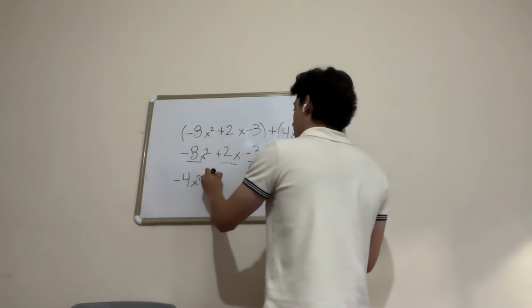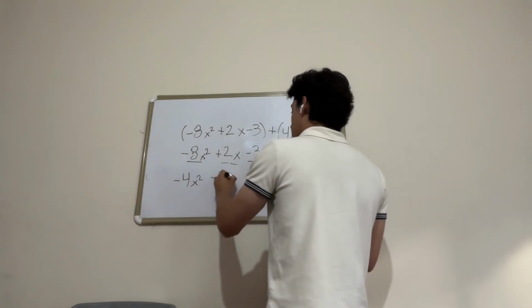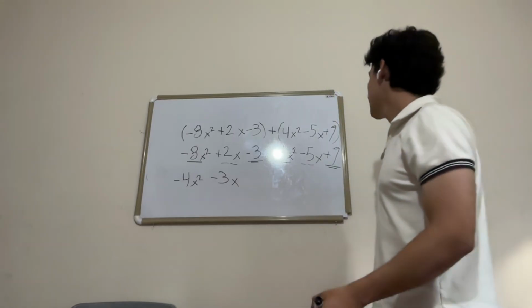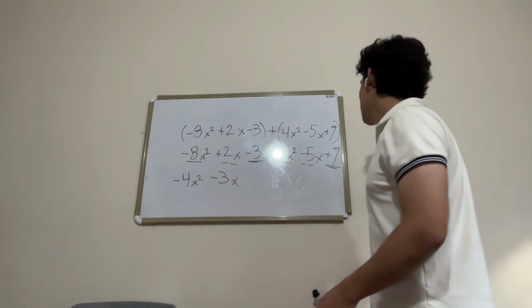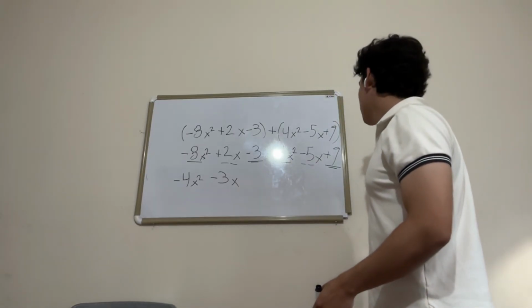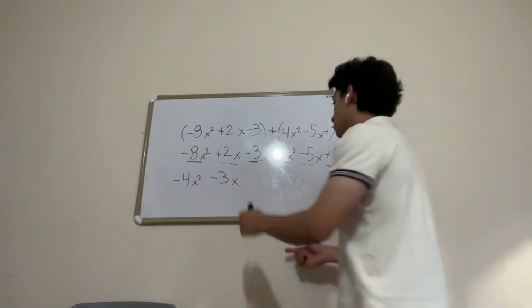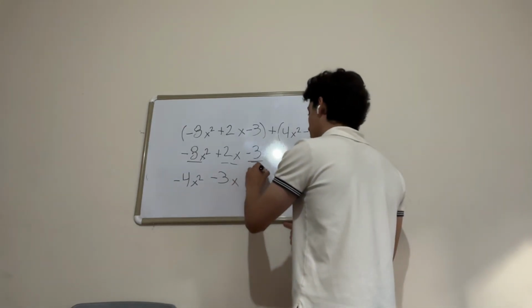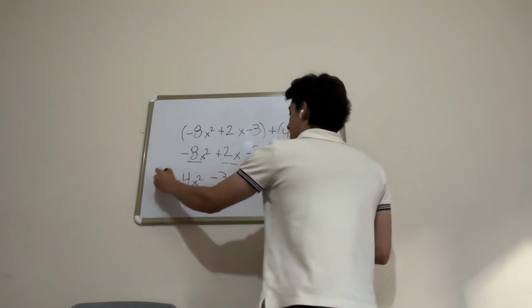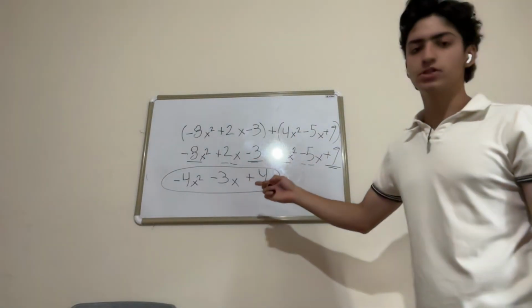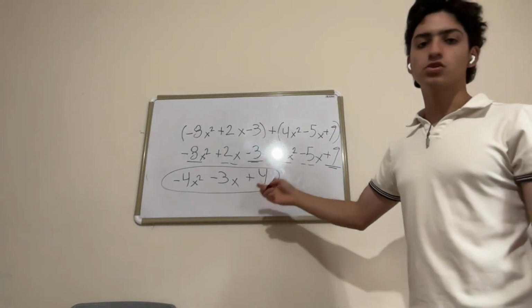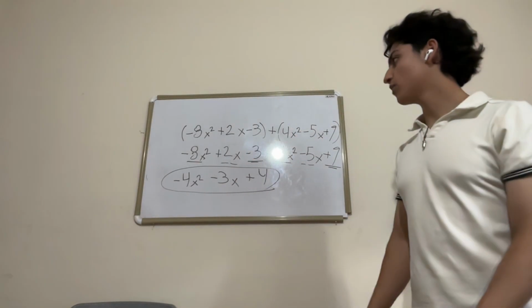This case is gonna be -3x. And the last one's gonna be -3 plus 7. It's gonna be +4. So there you go. This is the final result, which is -4x squared minus 3x plus 4.